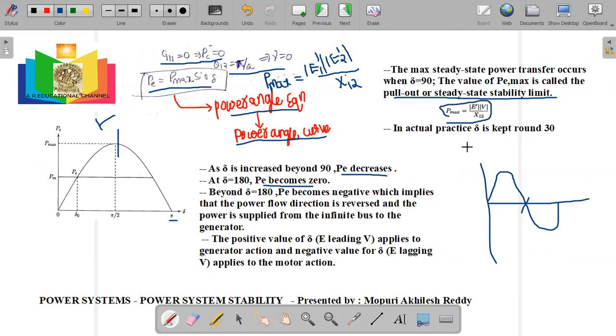In actual practice, del will be kept around 30 degrees. So now we have understood what the steady state stability limit is. The steady state stability limit or pull out limit is the maximum steady state power transferred. That is, in this equation, when del is equal to 90, PE is equal to P max, which is equal to E1 dash E2 dash by X12, or E dash into V by X1.